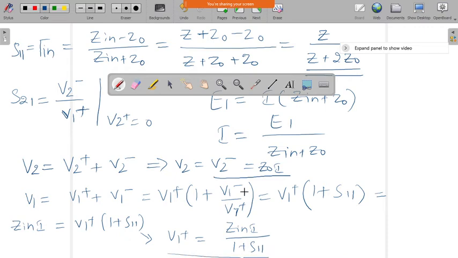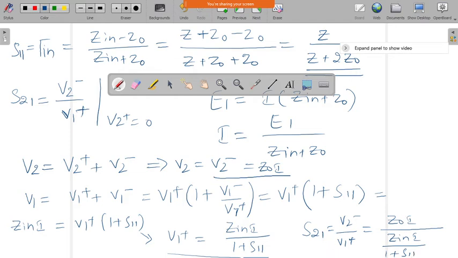If I take the ratio of V2 minus by V1 plus, we will get S21. So S21 is equal to V2 minus by V1 plus. V2 minus is Z naught I, divided by V1 plus, which is Z in I divided by 1 plus S11.